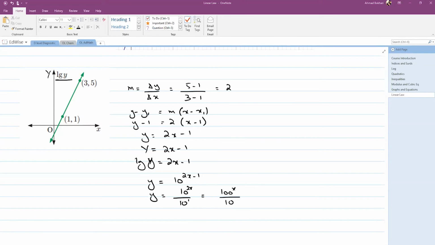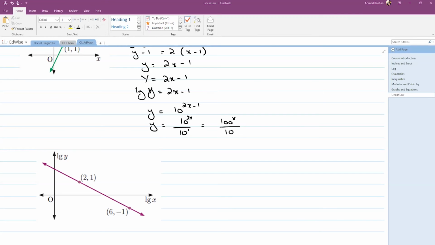Now I'm going to give you a question and I want you to solve it. So it's a similar one. Have you found the gradient? You should be able to do that by now. Minus 1 over 4. This is minus 1 over 2. Sir, is it not y2 minus y1 over x2 minus x1? It is.